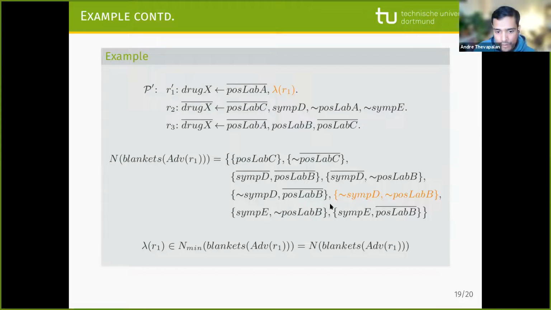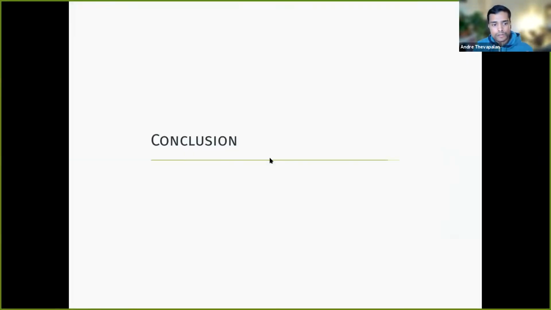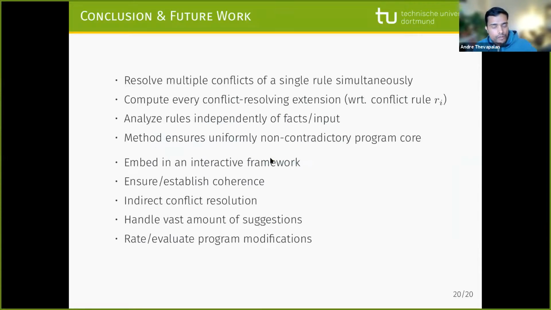And we can see in our first solution for our drug example, we also get as one possible lambda extension, not SIMD and not post-lab B. And so this solution is also a valid solution to resolve all conflicts simultaneously. So that wraps up our approach.